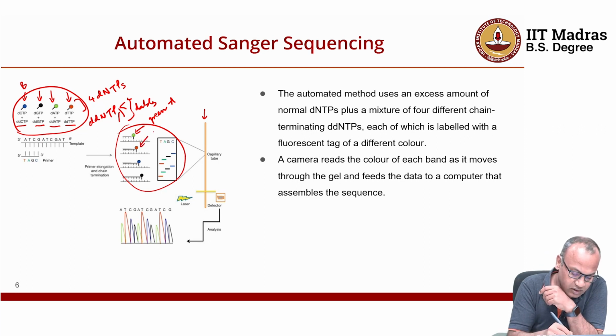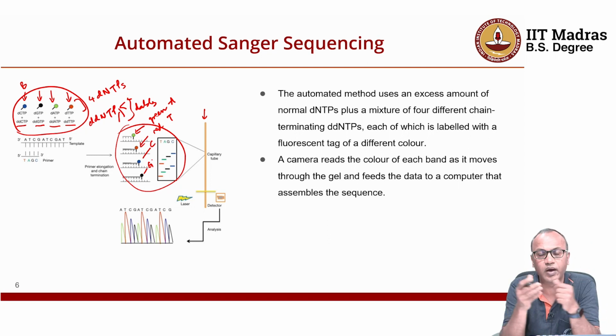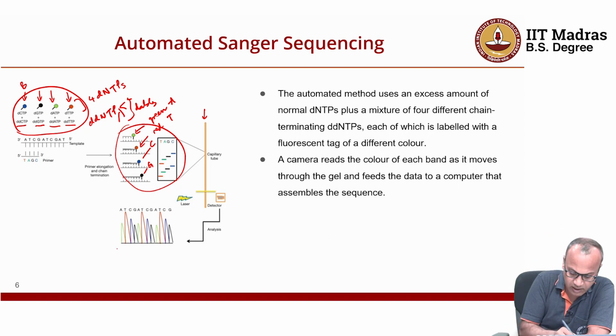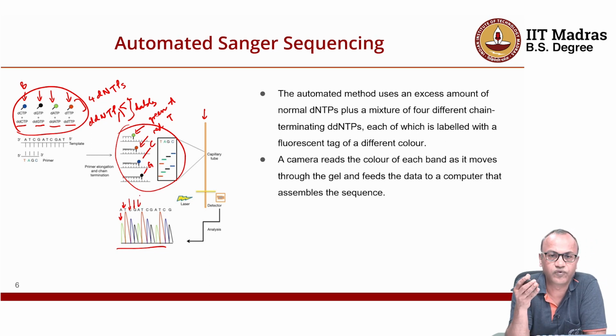In this case, it will give me a red color, and that means a T was inserted. Blue color means C was inserted, black color means G was inserted. And that's how I will be able to read. Essentially, I'll get a readout where the peaks define the maximum intensity of the particular fluorescent color being detected, and that will be the sequence of the gene. This is normally what we do.